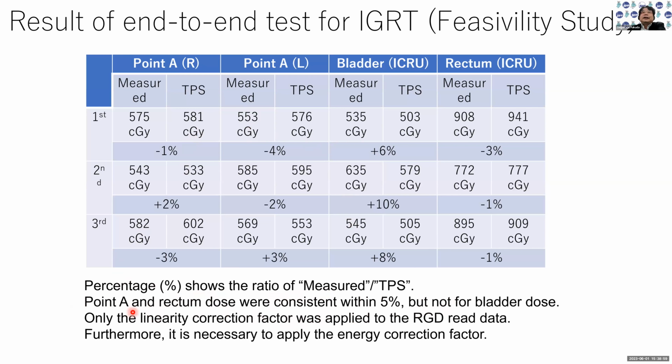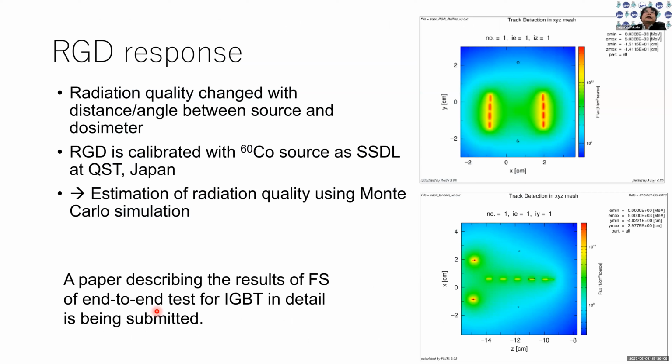So furthermore, it is necessary to apply the energy correction factor. So now we are estimating the radiation quality using Monte Carlo simulation to get more precise results. So we are writing a paper describing the result of the feasibility study of this end-to-end test for IGBT in detail.